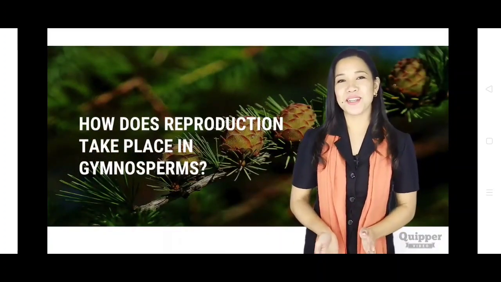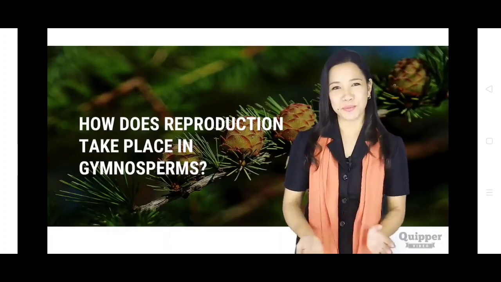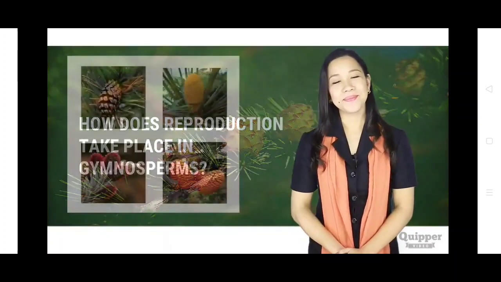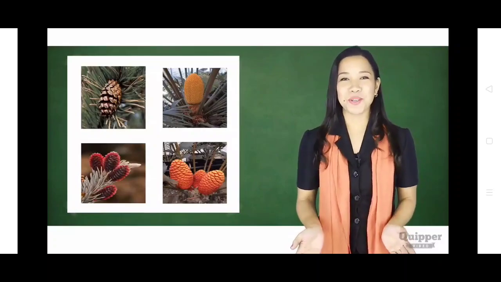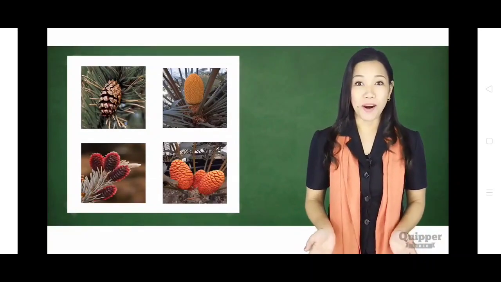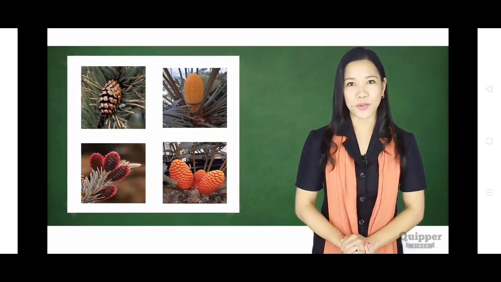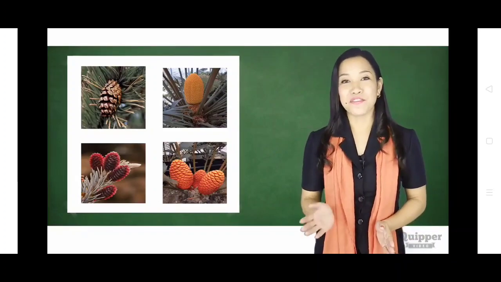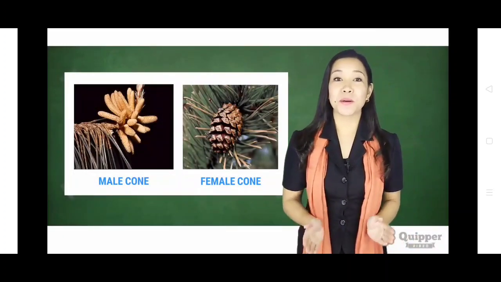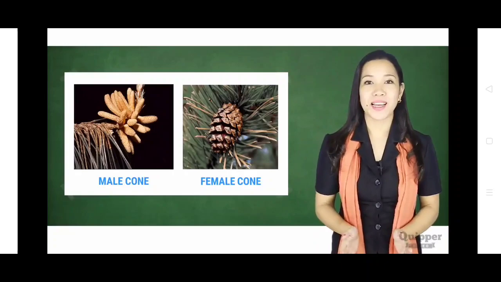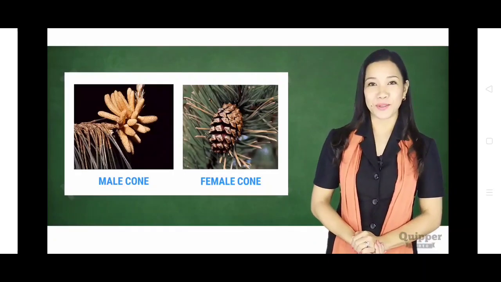So how does reproduction take place in gymnosperms? Most gymnosperms have reproductive parts called cones. They produce 2 kinds of cones, the male and the female cones. The male cones produce the pollen, while the female cones contain at least 1 ovule.